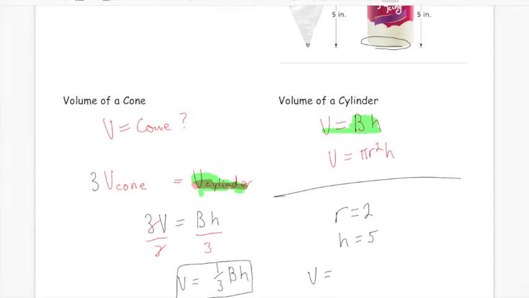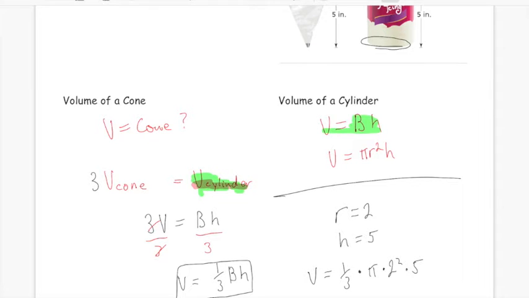So the volume is equal to 1/3 times pi times 2 squared times 5. So the volume is equal to 1/3 times 3.14 times 4 times 5 gives us 20.